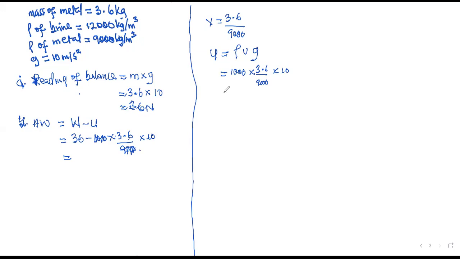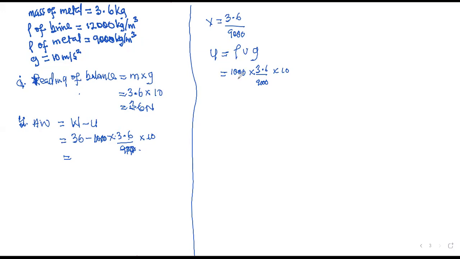The apparent weight is 36. When you calculate on the calculator, you get 4 newtons. We are supposed to divide by 9. The tension in water is 36 minus 4, which is 32 newtons.